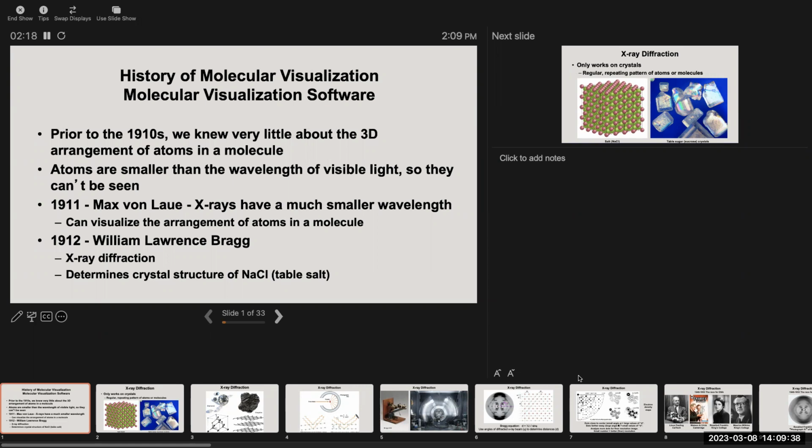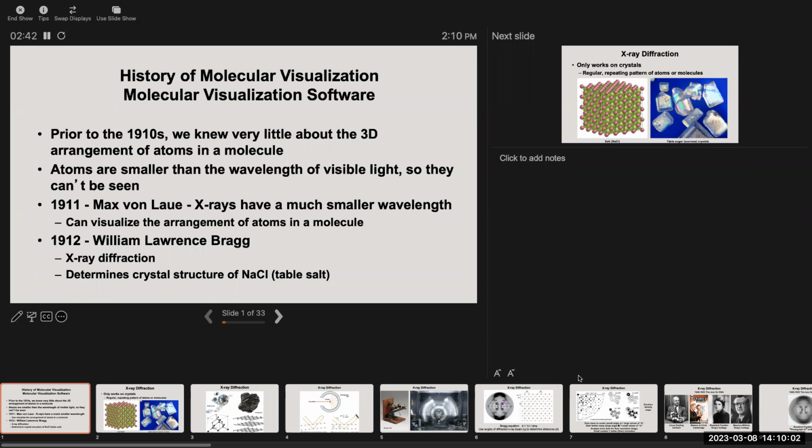Like if you shine polarized light through a crystal, it bends the polarized light in a distinctive pattern, and you can explain the bending of polarized light as it goes through a crystal based on some of the geometry of the crystal structure, of the molecular structure. But besides that, we really didn't know much about the 3D arrangement of atoms in a molecule.